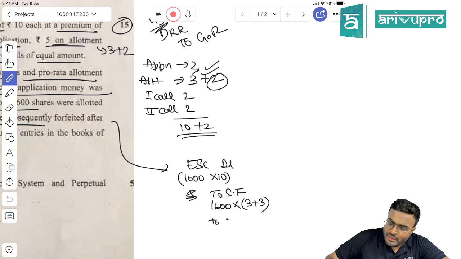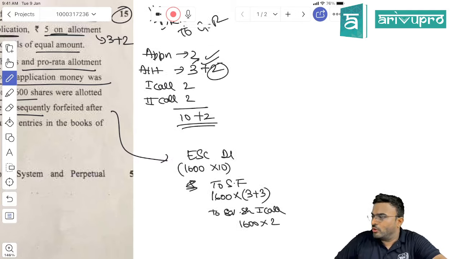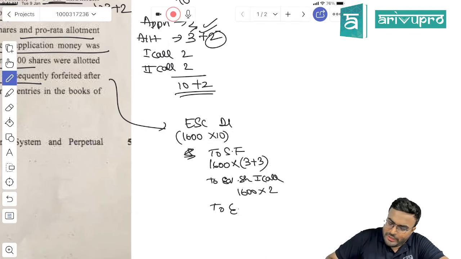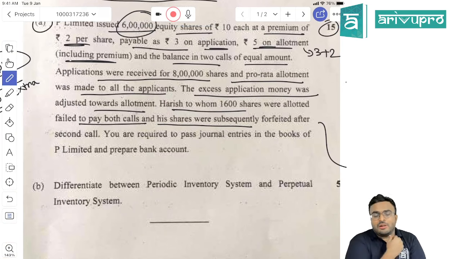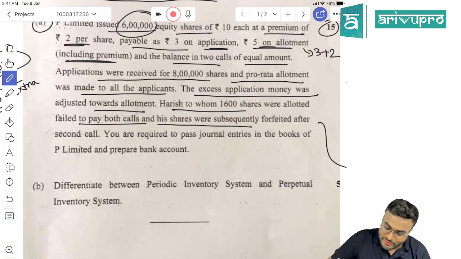Equity share first call, 1600 into 2. Equity share final call, 1600 into 2. This fellow has failed to pay both the calls, and we are going to forfeit after the second call.